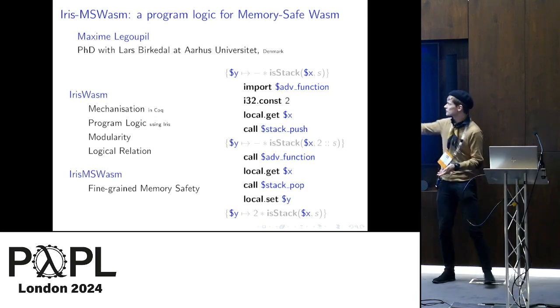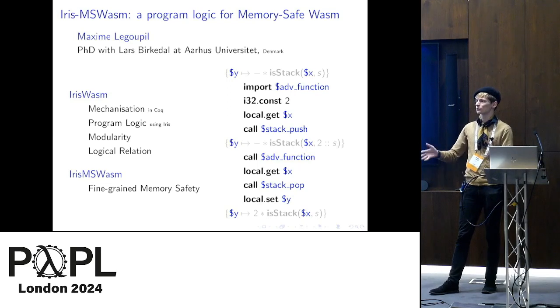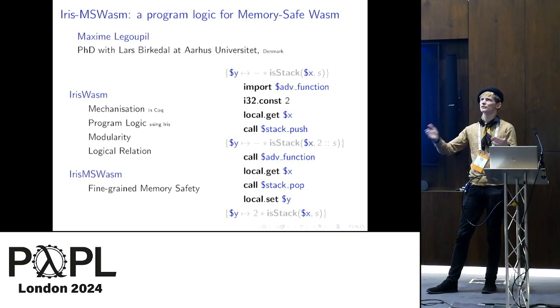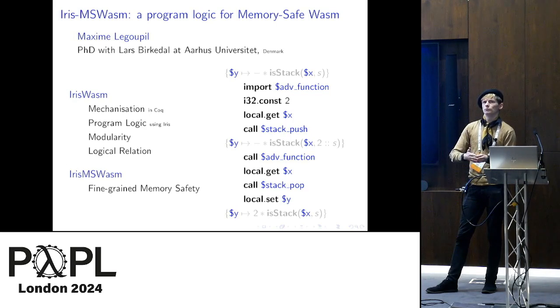Because if you're simply in plain WASM, there are some things that you can prove, some invariants about the way the memory of the stack module is laid out, that are going to remain true because anyone can only interact via the calls to push, pop, or all the other functions that the stack module exports. But nothing about the data, because anyone can just push or pop anything by guessing addresses or providing whatever input to those functions.